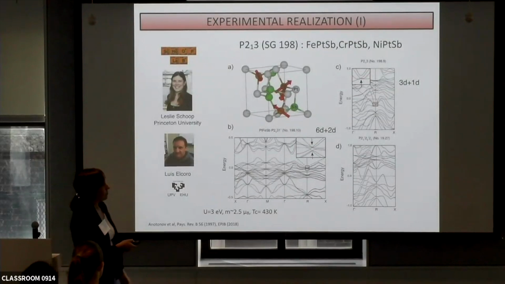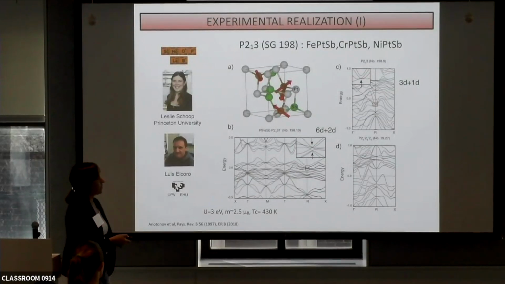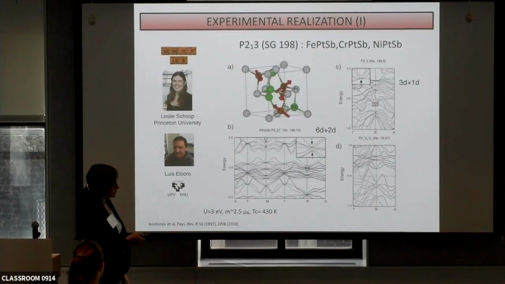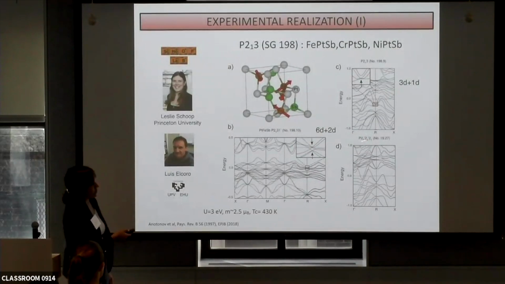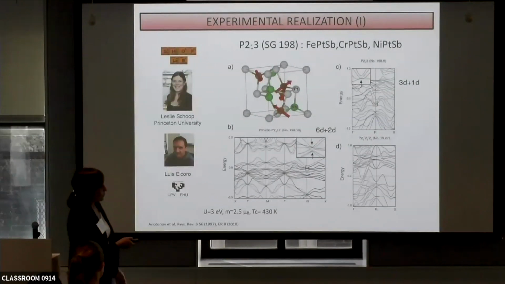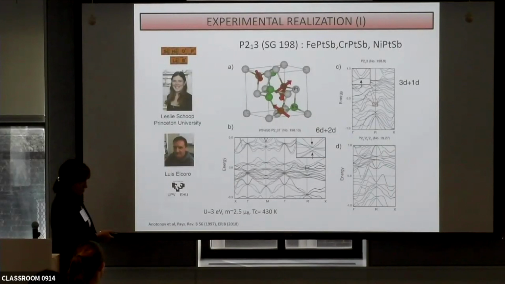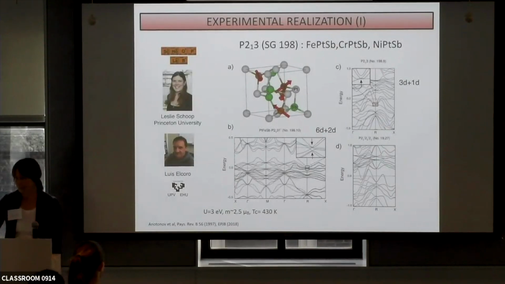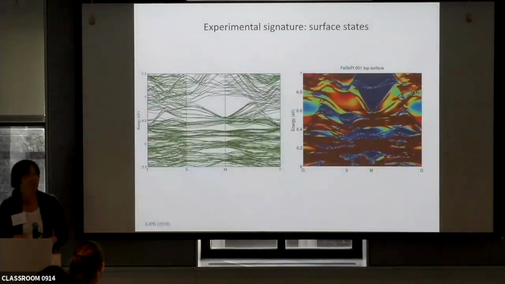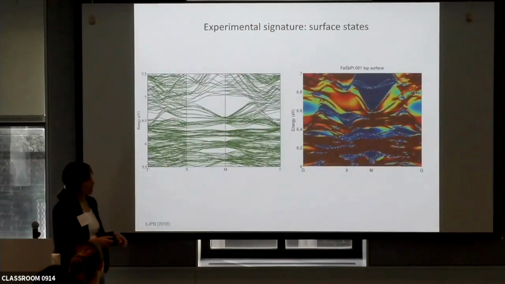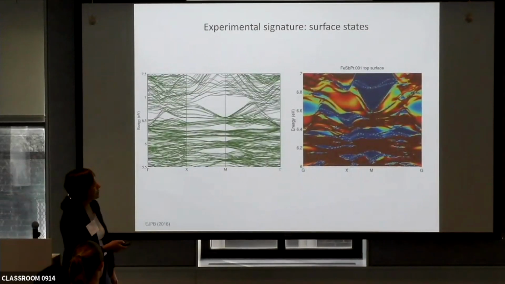We also calculated the band structure of another phase, in another chiral space group, where the iron splits into 2-dimensional E reps along this point, and the calculation reproduced the magnetic moment and the Curie temperature that were reported, and this was really cool. We even calculated the experimental signatures of the surface, and we found this topological surface state.